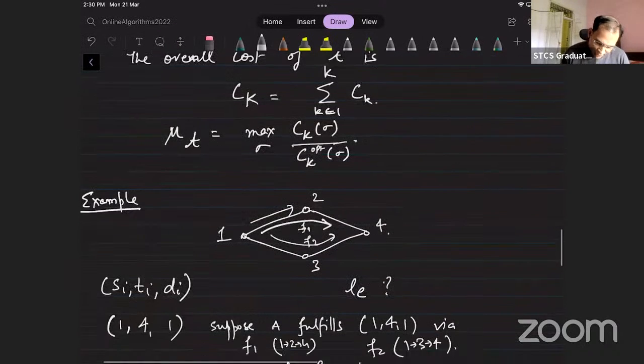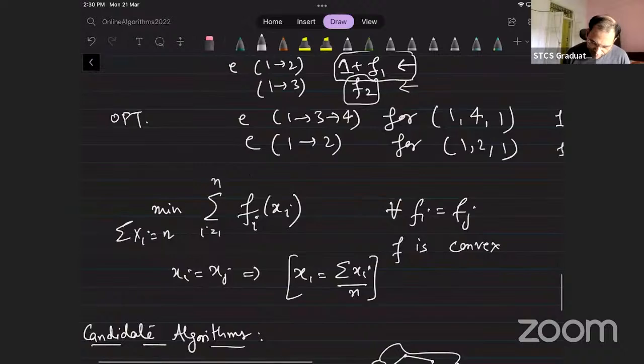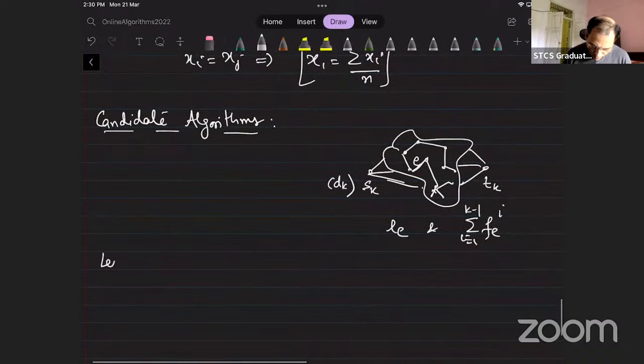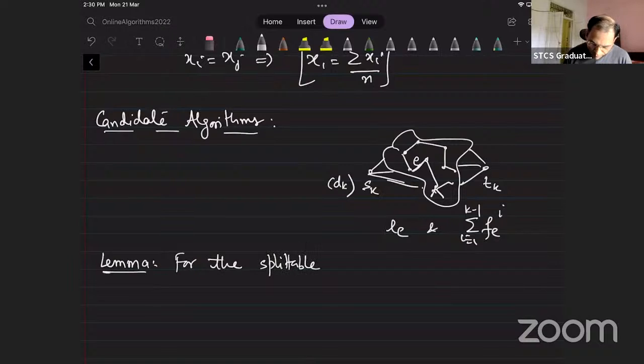The first negative result to begin with is that lemma, which is also true for the unsplittable and for the splittable flow routing or network routing problem.